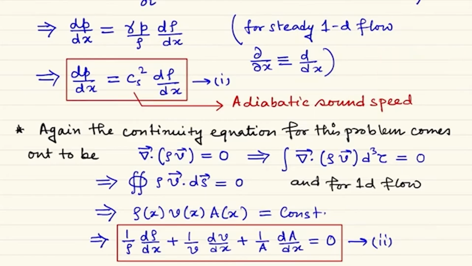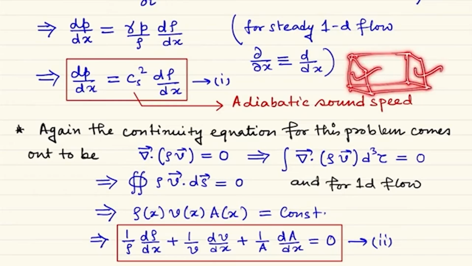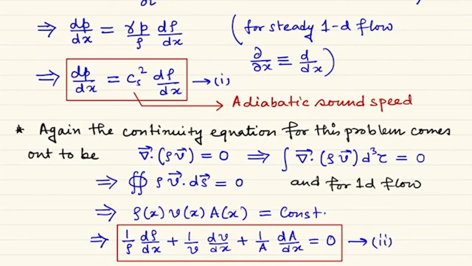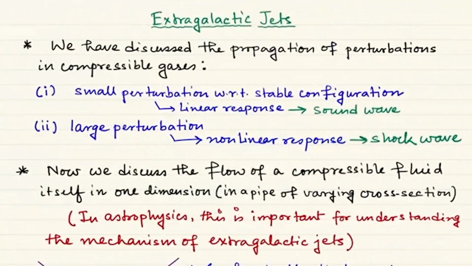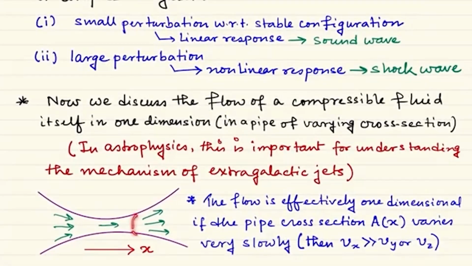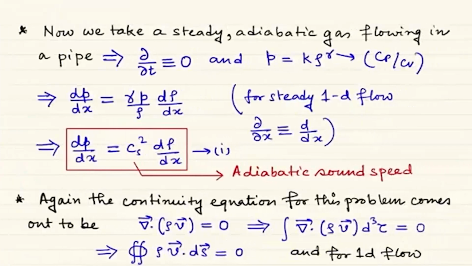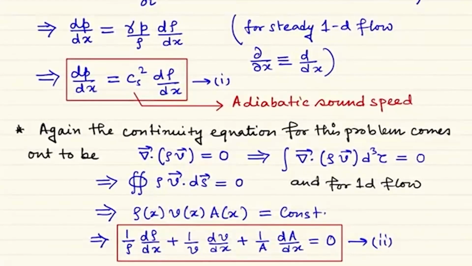So if we have some fluid flow like this, then this one or this one, we have two normal surfaces, and you can do it for any arbitrary surface which is perpendicular to the flow. That means this type of surface.